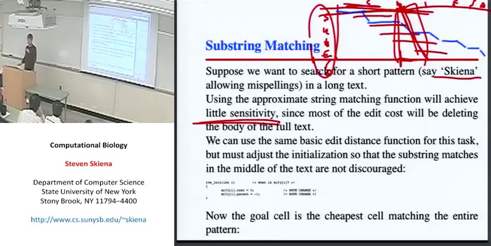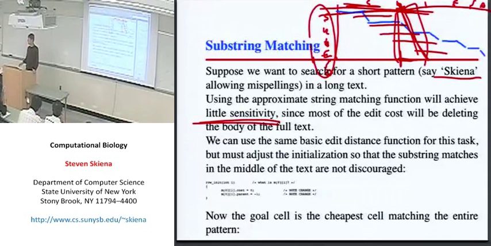If you started me in the 56th position, I was going to end at 56 plus 6 minus 1, right? Now with insertions and deletions, you don't know where I'm going to end. So it's no longer matching a whole string to a whole string. It's matching a part of a string to a part of a string. Does everybody see that?